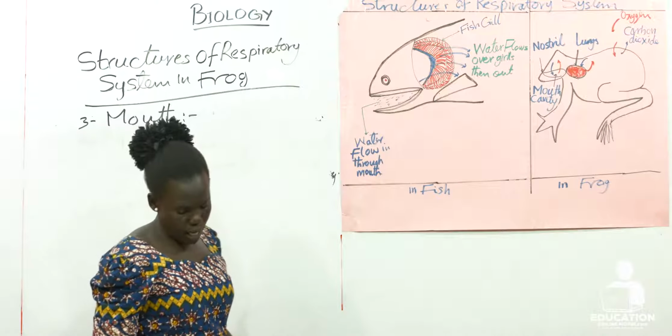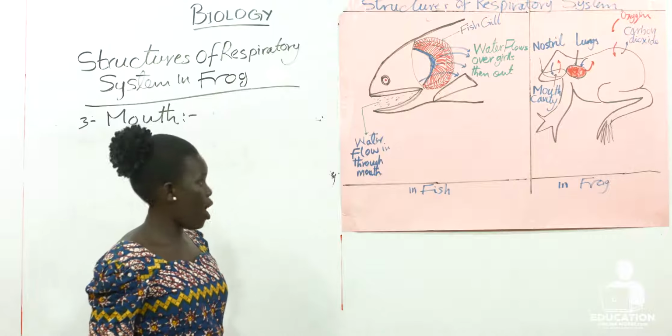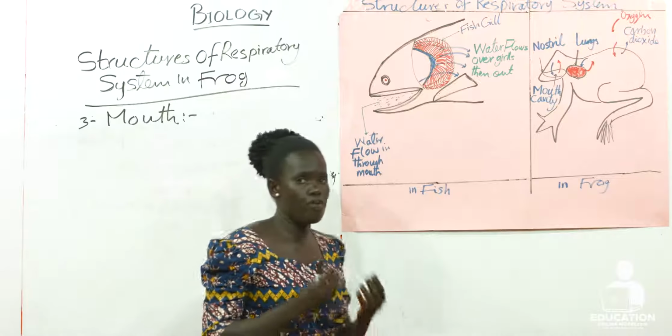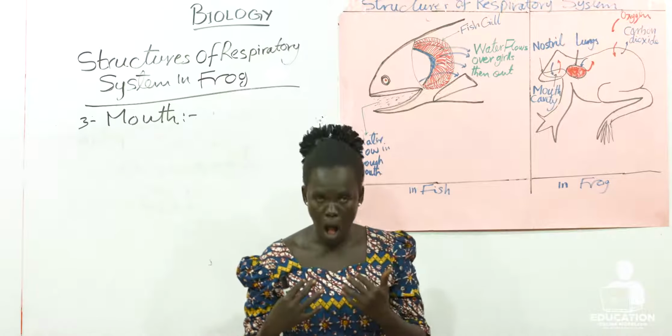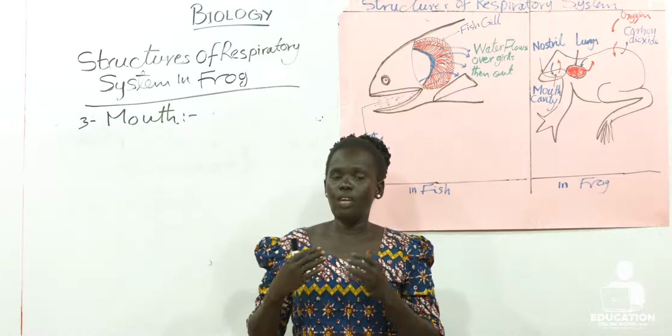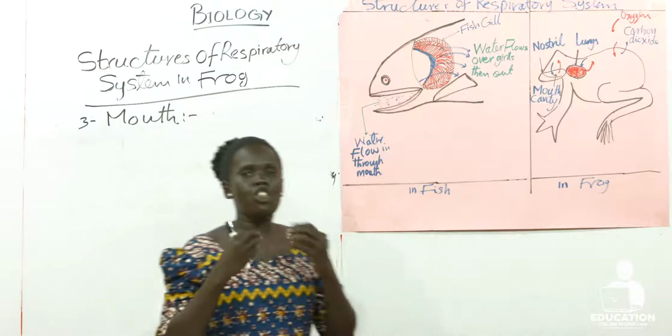Here the frog lowers the floor of its mouth. It lowers the floor of its mouth to allow what? The throat to expand.